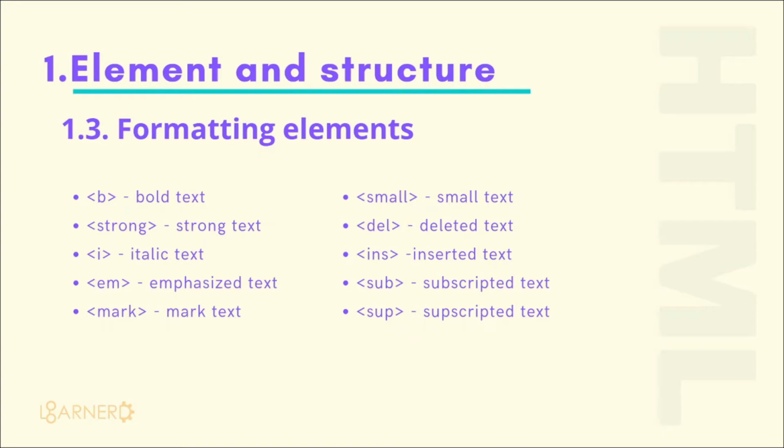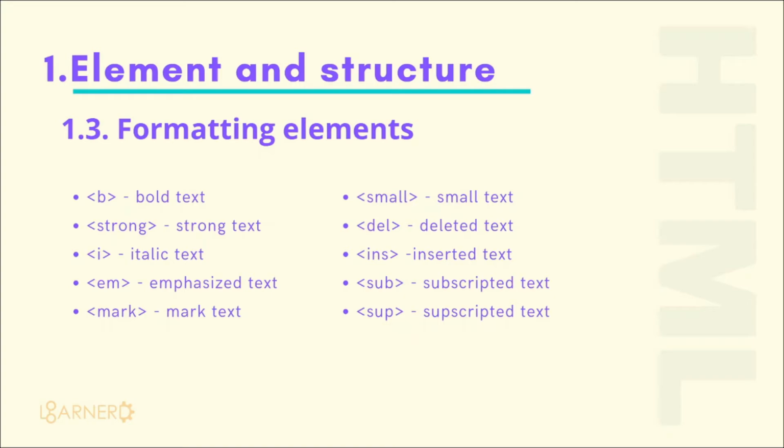There is another tag, that is the small tag. For example, we have seen the first word having a larger font and the second word having a smaller font. So we don't need to add a particular font size for both words.